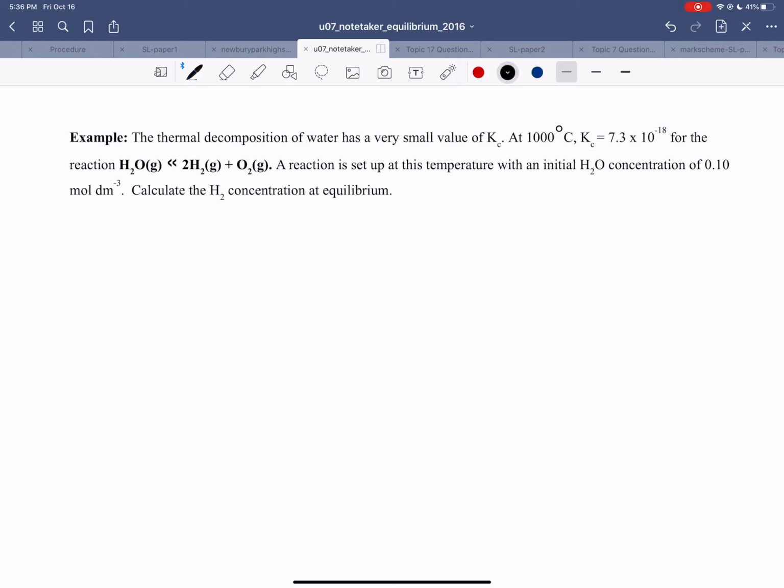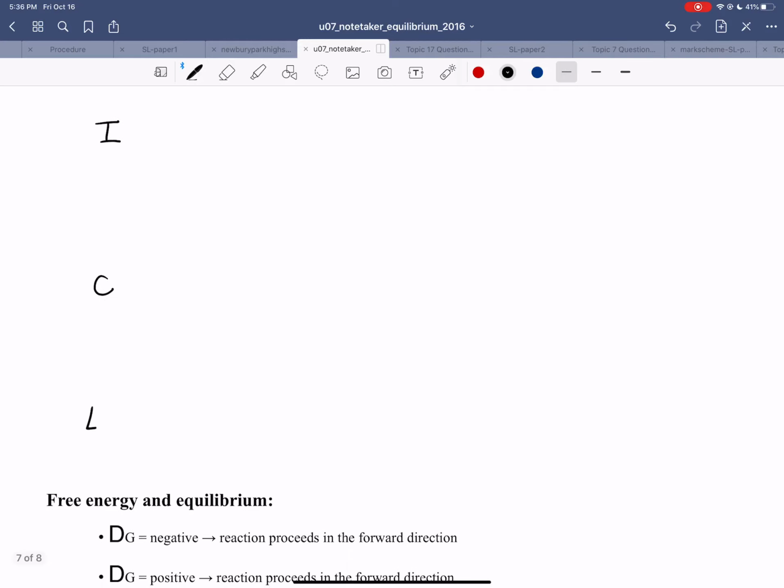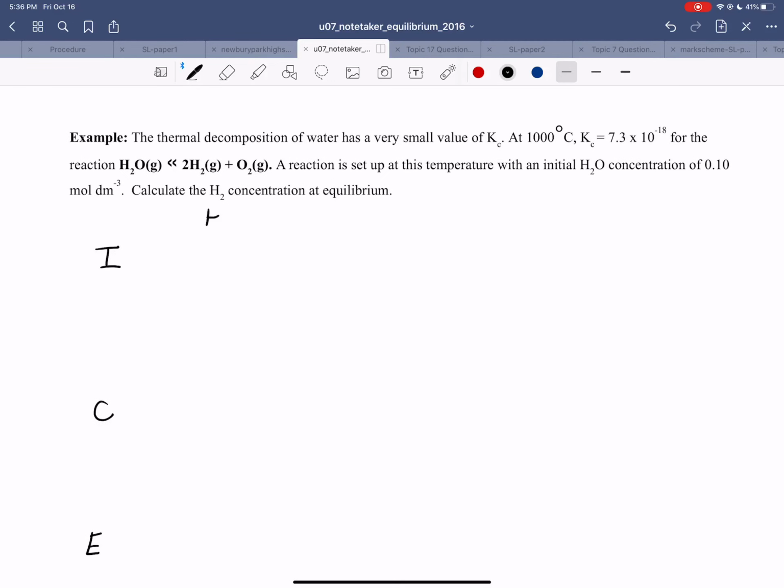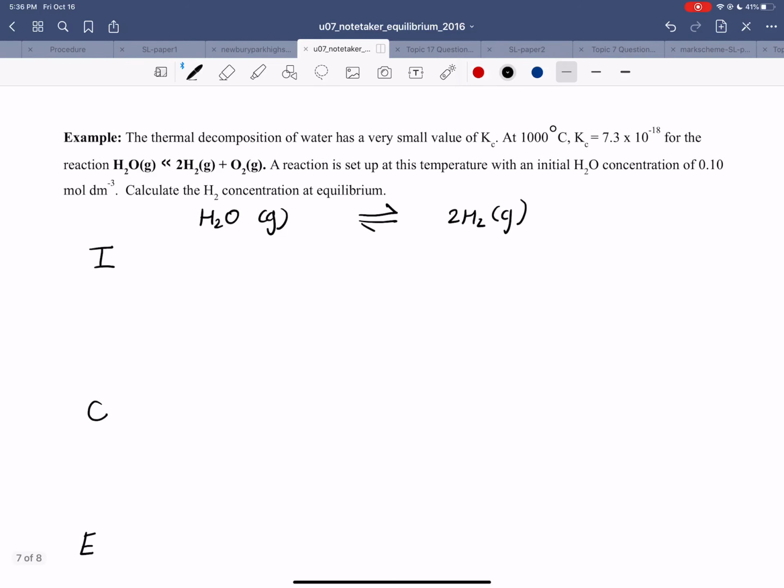Let's set up our equilibrium ICE table. We have ICE. And we have H2O(g) in equilibrium with 2H2(g) plus O2(g). Now, let's see what it gives us.